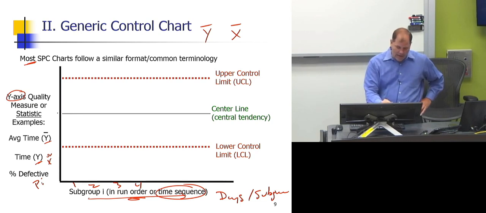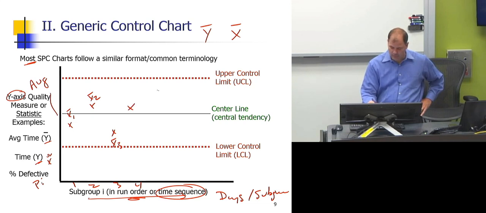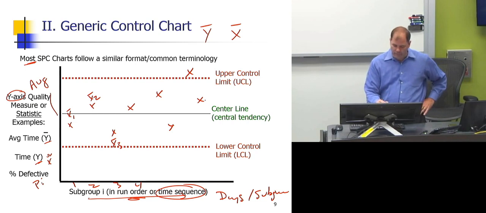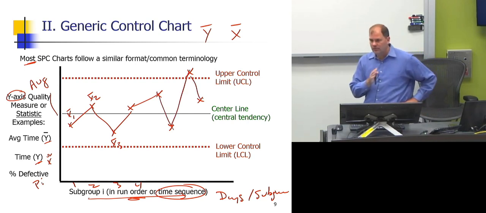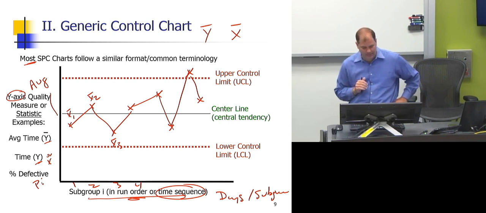Let's say our y-axes are averages. Every subgroup is going to have an average. I'll use x bar 1, x bar 2, x bar 3. Then every chart is going to connect in sequence. The lines are going to be connected.